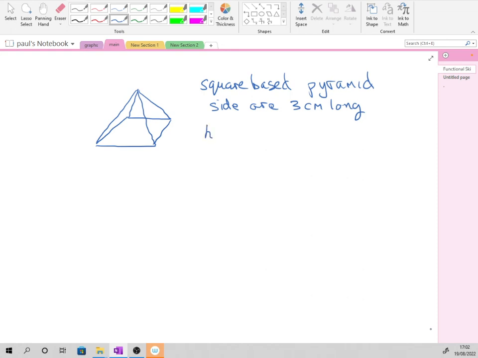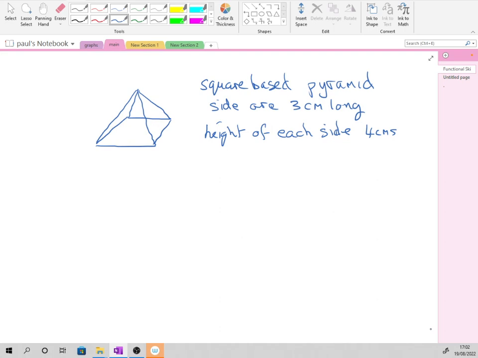The height of each side, that's 3. It's going to be hard, but we'll do it 4 centimeters now. 4 centimeters.